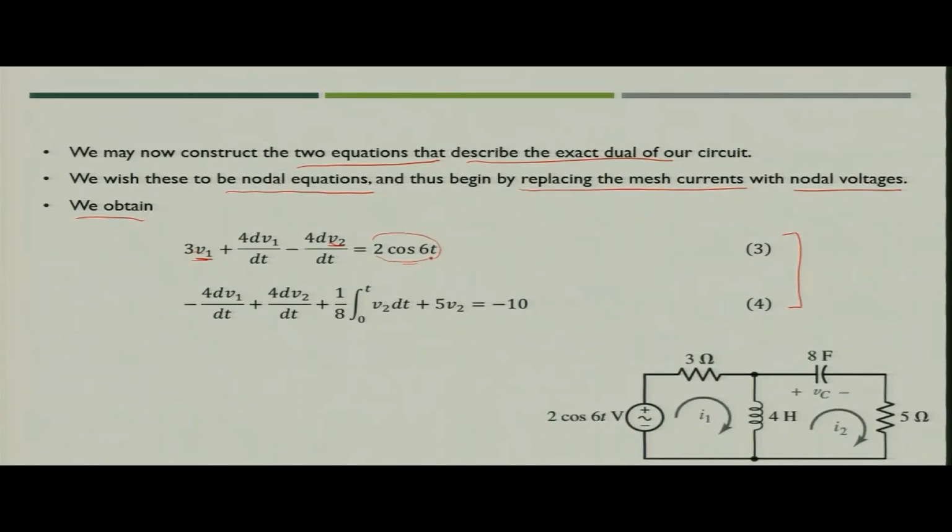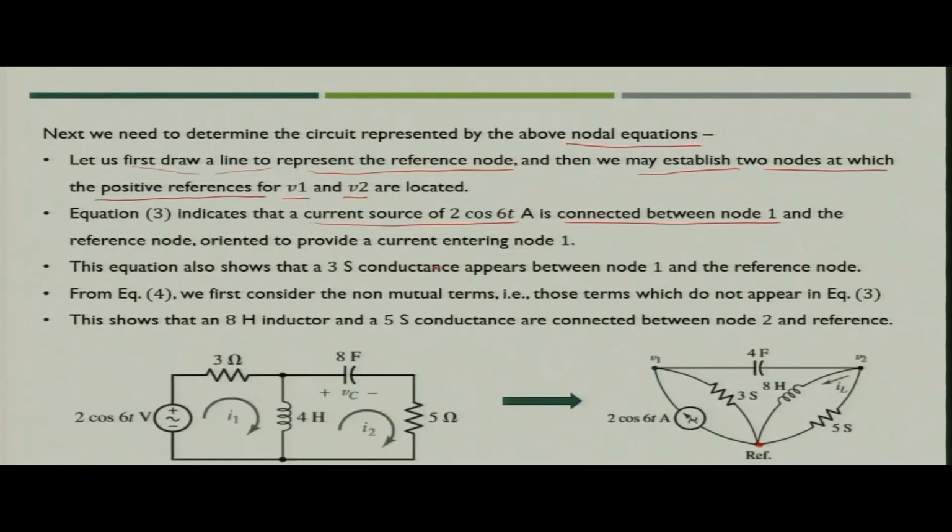It means that this current source is connected between the reference node and node 1. So, we can create one current source with equal value: the voltage is 2 cos 6t, the current will also have the same magnitude, 2 cos 6t, but in this case it is now a current source, connected between node 1 and the reference node.